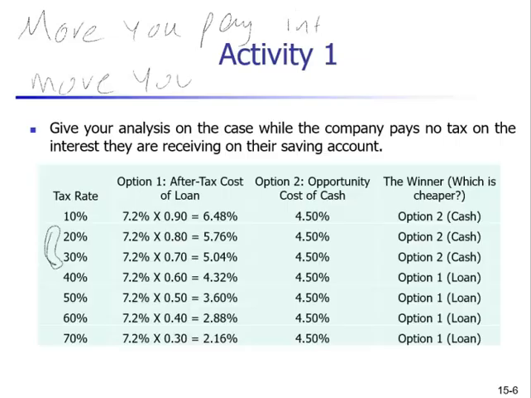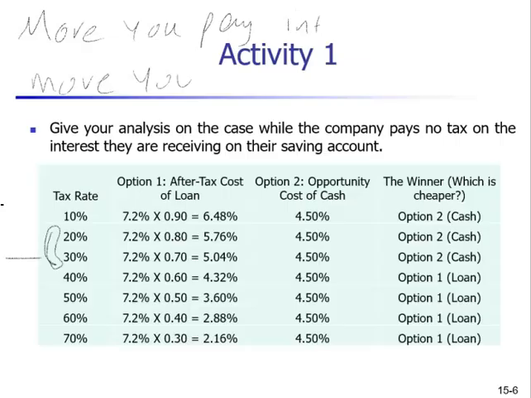So if we consider these two as rational rates for the interest, because these ones are magnified, exaggerated, just to show you different cases, just to show you the effect of savings that comes with tax. But here you have 7.2 and the tax rate is 30, so you need to times it by 0.7 and you get 5.04%.